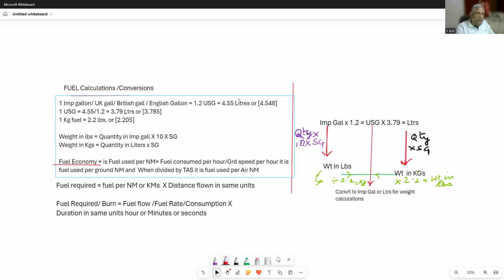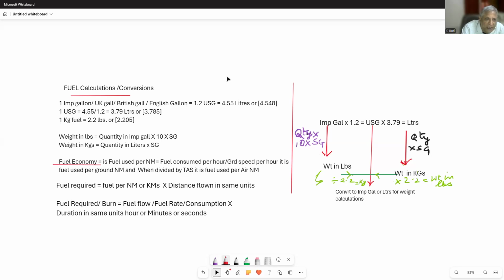Or the fuel consumption may be in kgs per hour or per minute, or pounds, that's a British unit, pounds per hour, per minute, etc. So let's today understand the rigmarole and the likely mistakes you will make in your calculations.